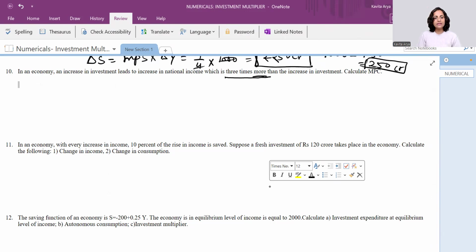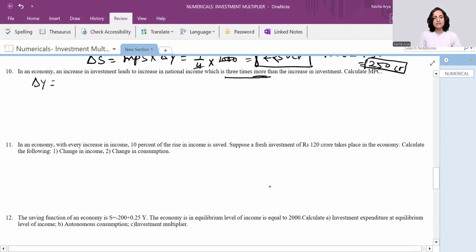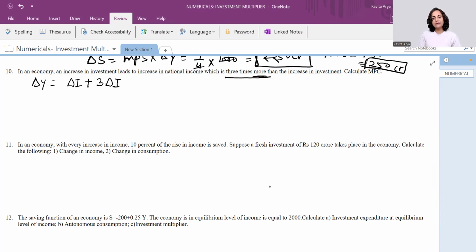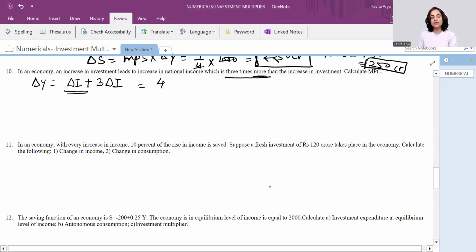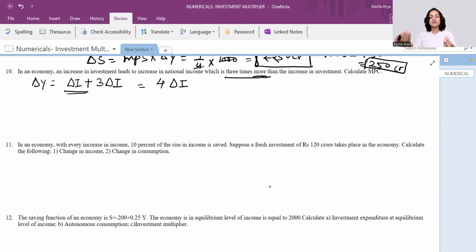Here we are given that increase in income is equal to 3 times more increase in investment. So try and understand, it's not 3 times, it is 3 times more than the investment. It means this is 4 times the investment. Whatever little value was put in the economy, 4 times it became the income, right?